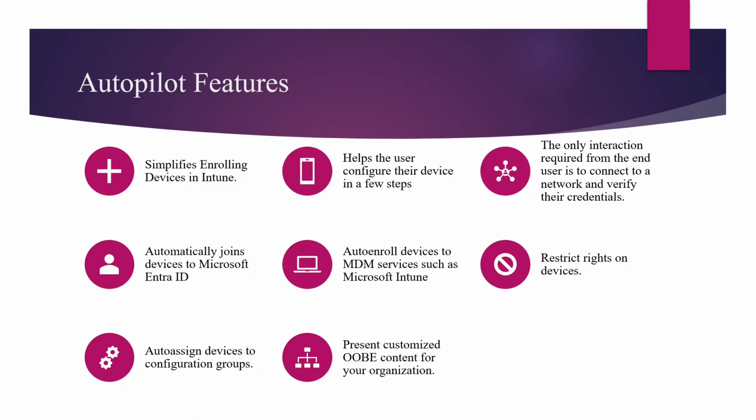It also helps users configure the device in only a few steps. The user only needs to connect the device to the internet and sign in to the device, and Autopilot takes care of the rest of the deployment.